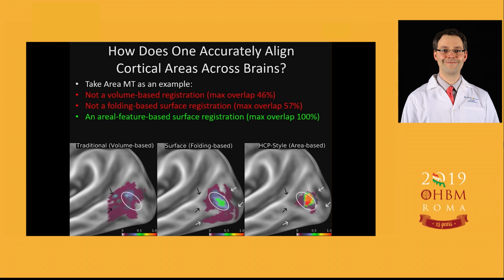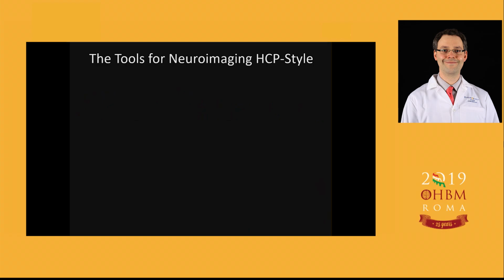But you can see with these white arrows, we still have some areas that are misaligned. And so if we go to an areal feature-based surface registration, we can push that up to 100% overlap. And by areal features, I mean things like architecture, function, connectivity, or topography.